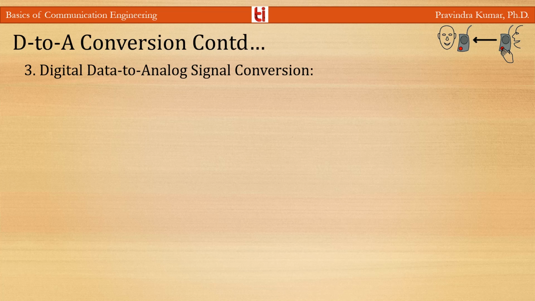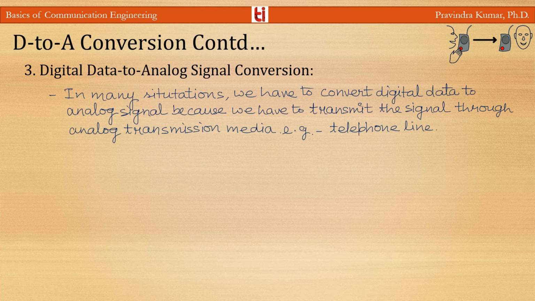With this we now change our gear and move from digital data to analog signal conversion. There are many situations in which we have to convert digital data to an analog signal, because we have to transmit the signal through an analog transmission medium.